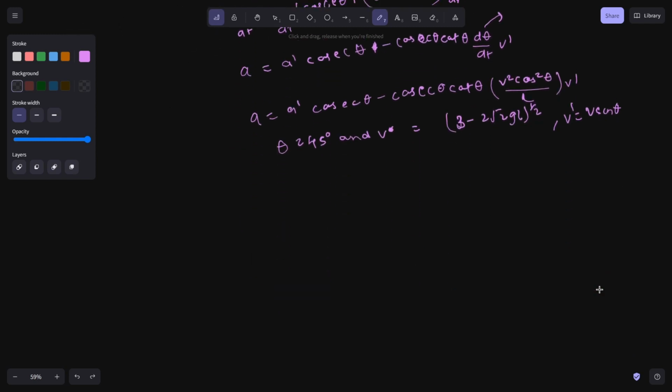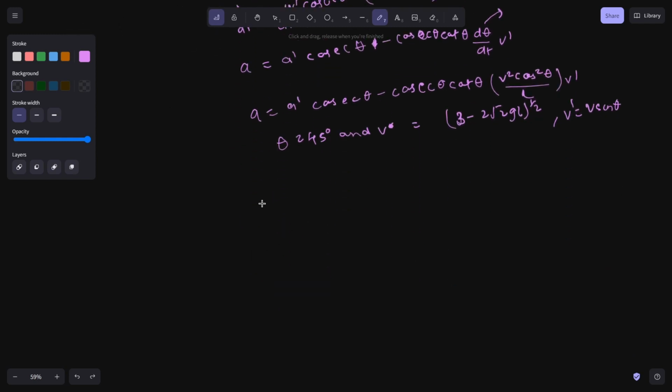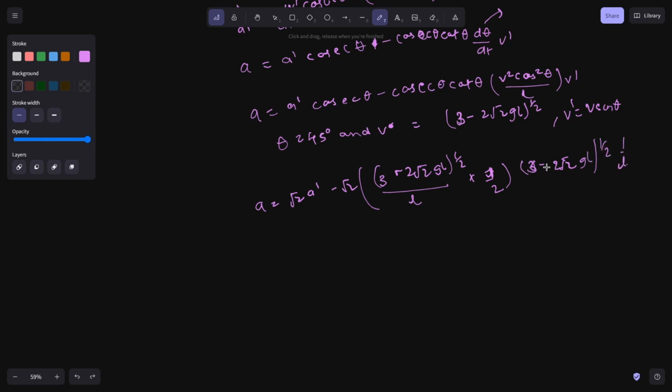So after putting all of these in the above equation, we get a is equal to root 2 a' minus root 2 times (3 minus 2 root 2) gL to the power half upon L, into L by 1 by 2, into (3 minus 2 root 2) gL to the power half, 1 by L.